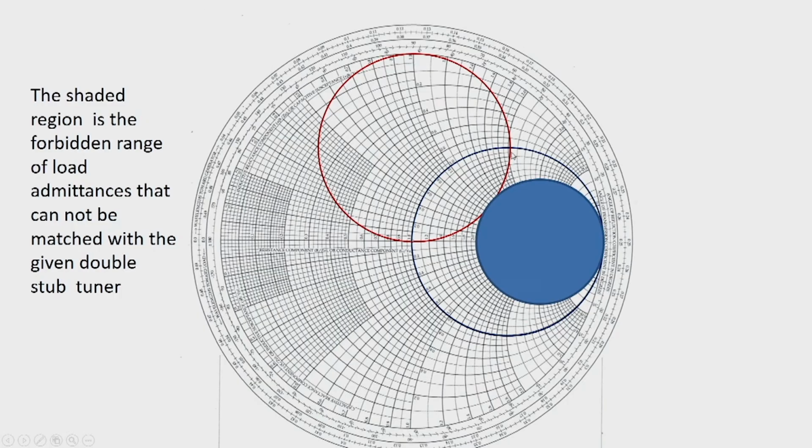For example, if D is less than lambda by 8 as shown here, then this circle will shrink, whereas if it is more than lambda by 8, this circle will actually increase in size. So, this actually shows the forbidden range of load admittances that cannot be matched with the given double stub tuner, for which we have drawn the rotated G is equal to 1 circle.